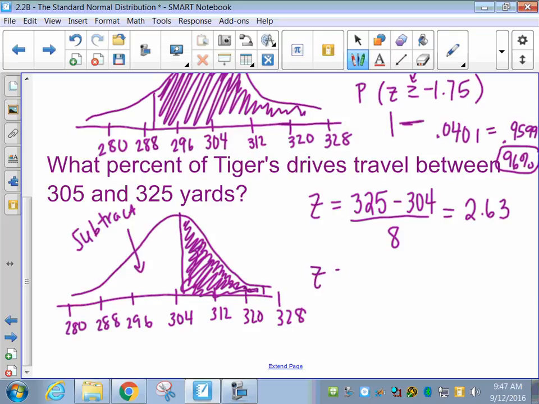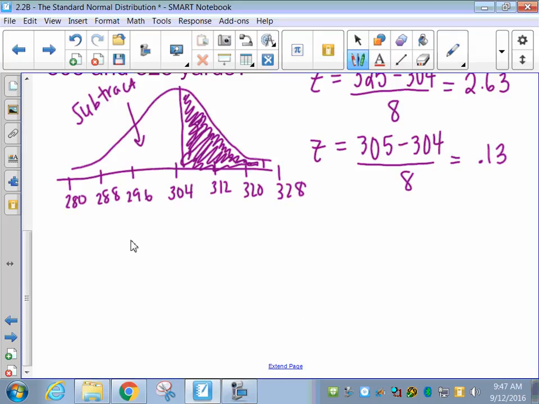And we need a z-score for the lower one, so 305, your data point, minus the mean, divided by the standard deviation. Gives me 0.13. Okay, we're finding the probability of a z-score that's less than 2.63 and the probability of a z-score that's less than 0.13, and we're subtracting.